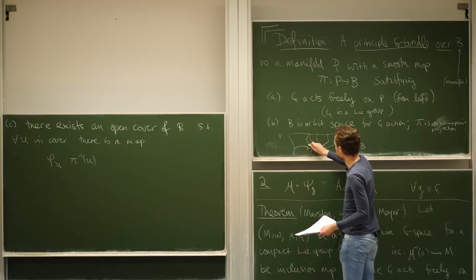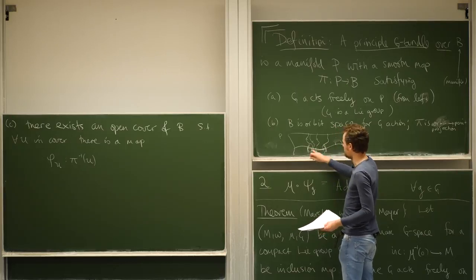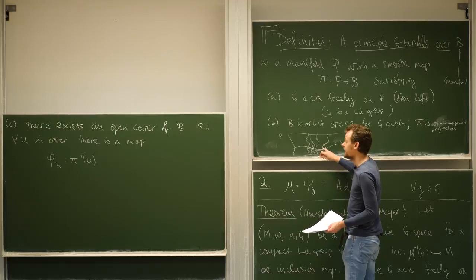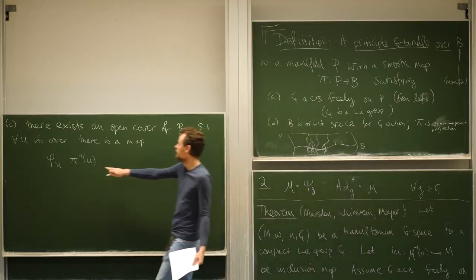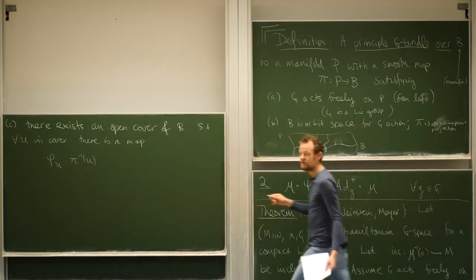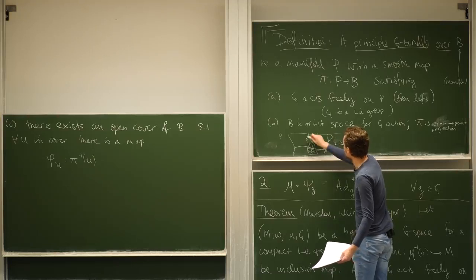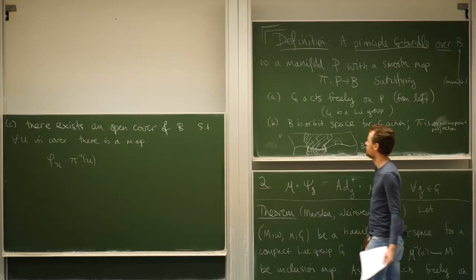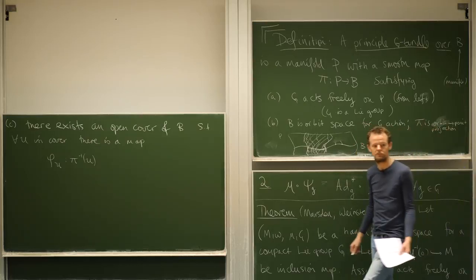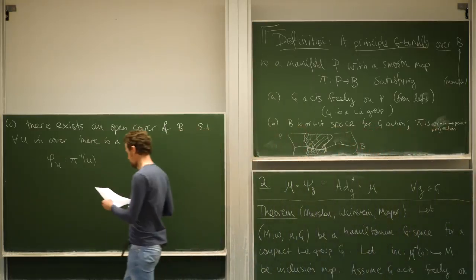So here's what I'm trying to indicate: an open set in B, and pi minus 1 of U is a chunk of this principal bundle there. You uncollapse the orbits.